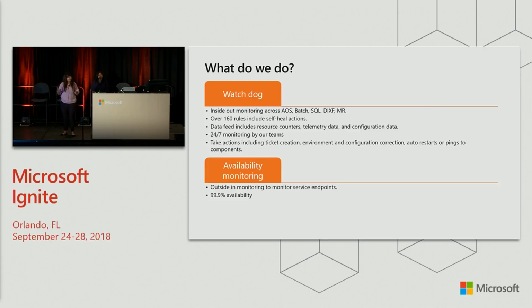Some of the rules are configured to create alerts if it's not something that the rule can auto-mitigate. In that case, it collects all the information that it needs and creates a ticket for our internal engineering team to investigate, even before a customer can report the issue.